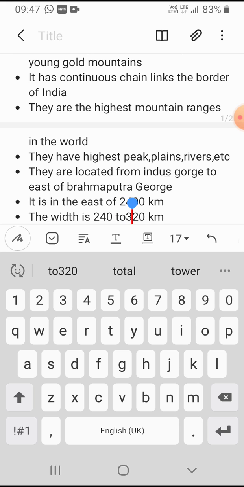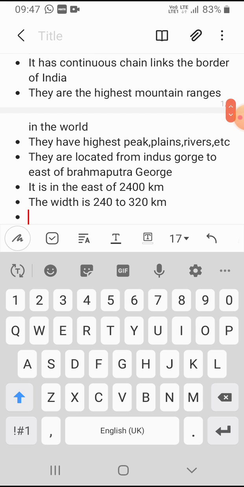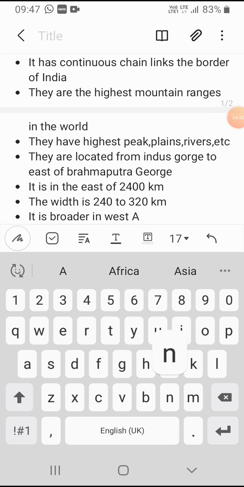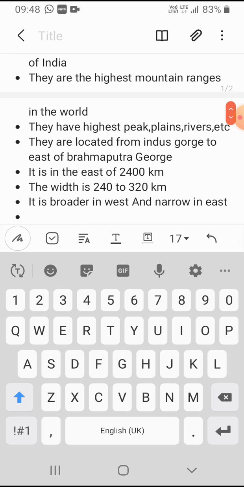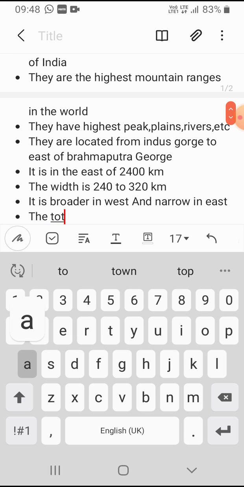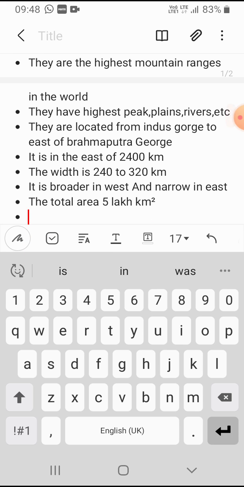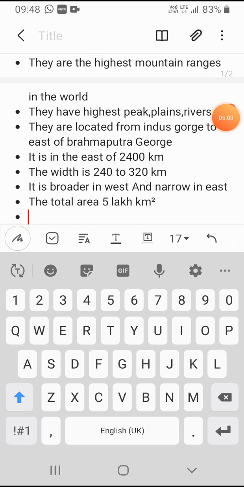They are broader in the west and narrow in the east. The total area of India that has mountains is 5 lakh square kilometers.